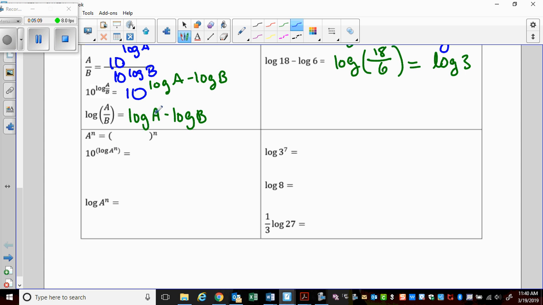We have one more property that's very important, and that's when we have an exponent. So a to the n is, we're using a, so this is 10 to the log a.